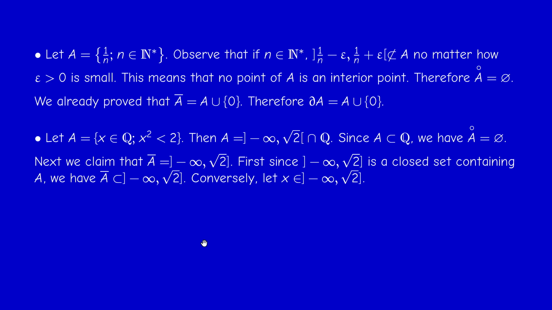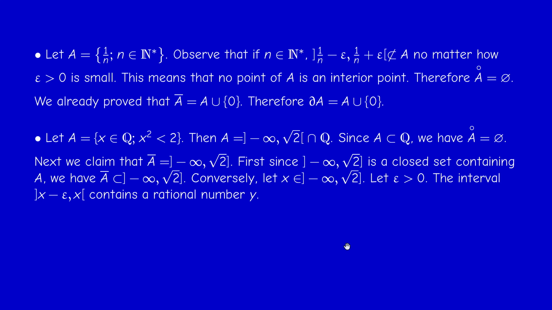Okay, how do I prove that? I can use proposition 1.6. So take epsilon to be a positive number. The interval x minus epsilon, x contains a rational number, right? Because this is not empty. Any non-trivial interval contains a rational number y. So this number is less than x, so it's strictly less than radical 2.